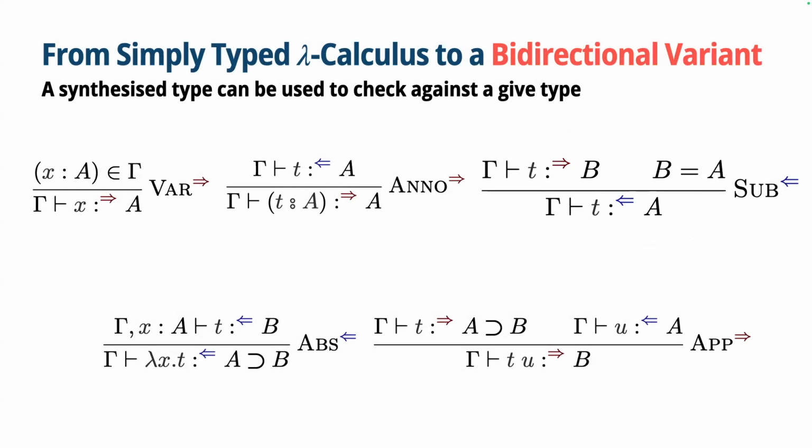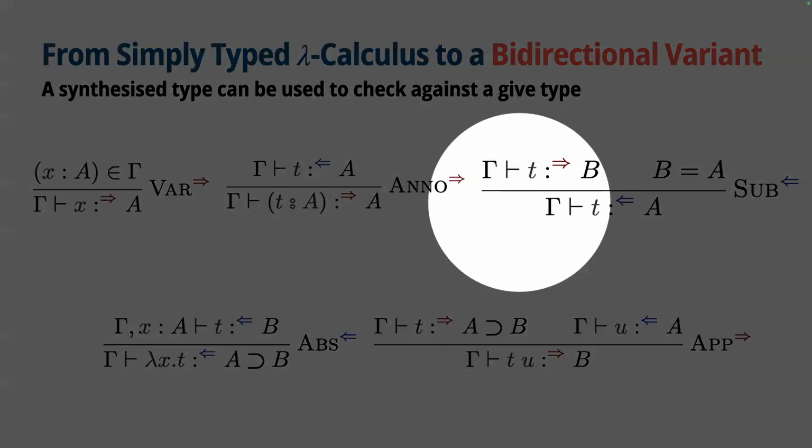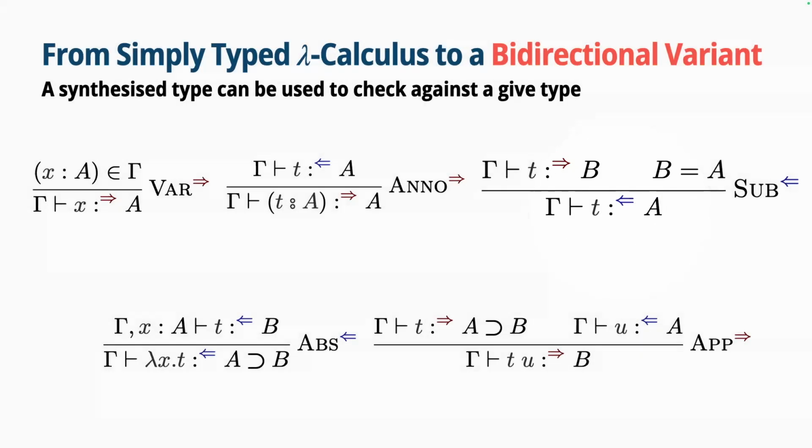If they are the same, then you can say, okay, yes, that's the right type. That gives us the ability to switch from the synthesis judgment to the checking judgment. So that's the basic idea of bidirectional typing here.